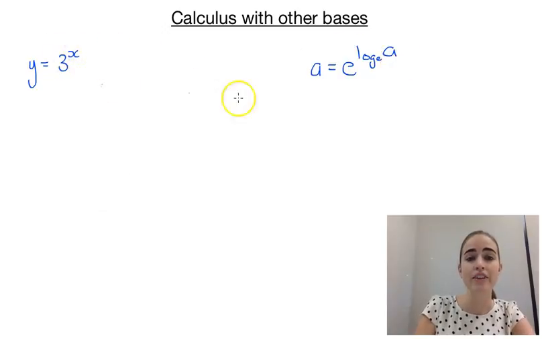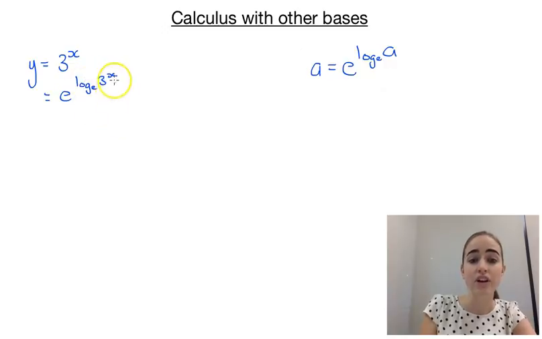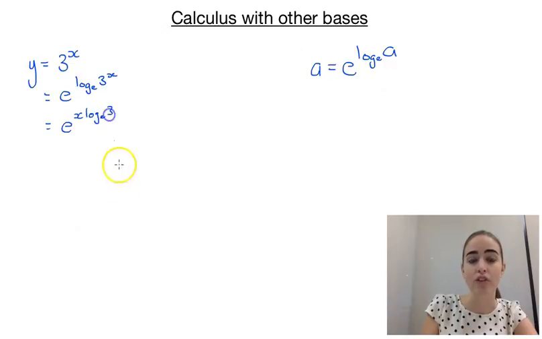So we're going to rewrite this one as an exponential with the base e. This would become e to the power of log to the base e of 3 to the power of x. Now we can bring that x that's in the power of our log down the front. So we can write that as e to the power of x log to the base e of 3.